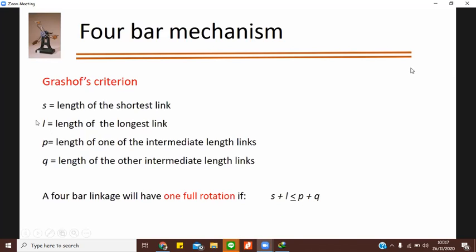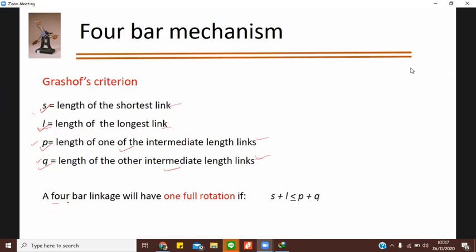Out of those 4 links, you will have 1 link which is the shortest, and 1 link which is the longest. The other 2 links are P and Q, which are intermediary links. P is one intermediary link and Q is the other. Now fixing any of these links will create different kinds of motions and different kinds of mechanisms.